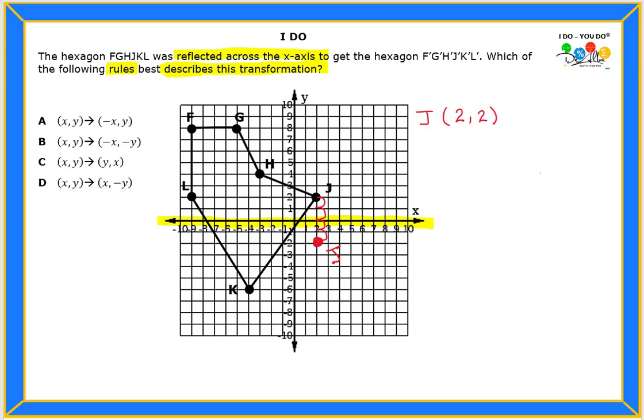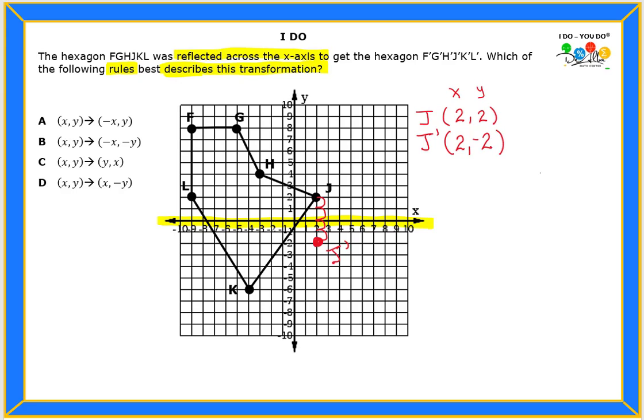So this will be J prime, okay? So what I want you to do is find me the coordinates for J prime, and maybe we can see a relationship here. So the point J prime, the coordinates will be positive 2, but the next one is negative 2. Okay, this is my X, this is my Y value.